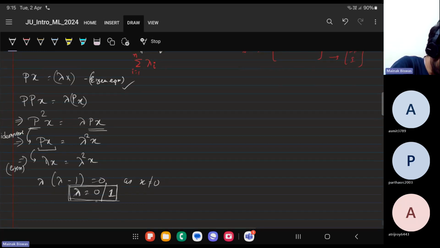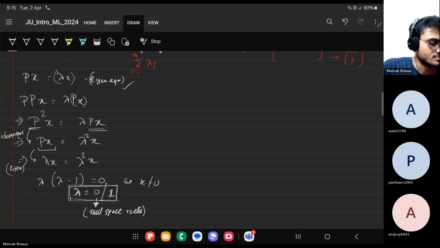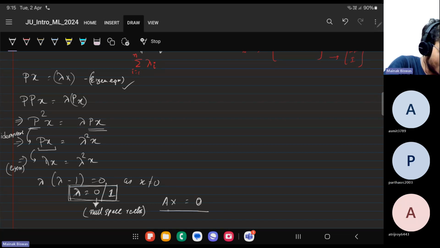So corresponding to all of these zeros are the null space vectors. Yes or no? Ax equal to 0. Right. Ax is equal to 0. These are all null space dimensions.